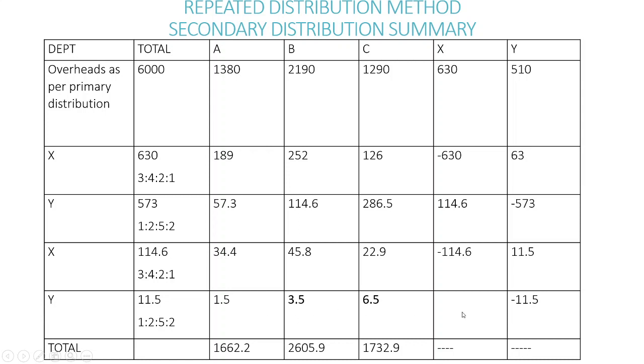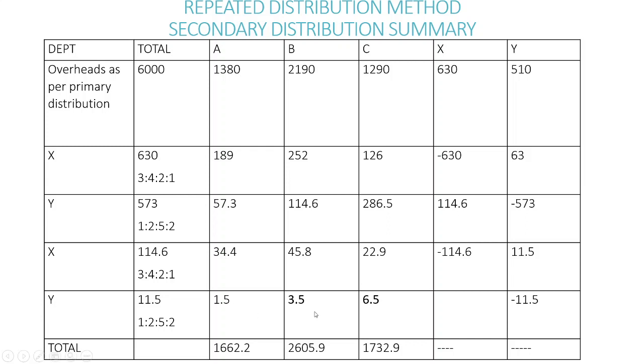Instead of doing that, we can distribute 11.5 to the production departments only, or sometimes you may get 1 rupee or 2 rupees for service department X or Y. Then further distribution is not required, because in the repeated distribution method we have to continue till the amount becomes too small. When it is 1 rupee and all, it need not be distributed further to other departments.